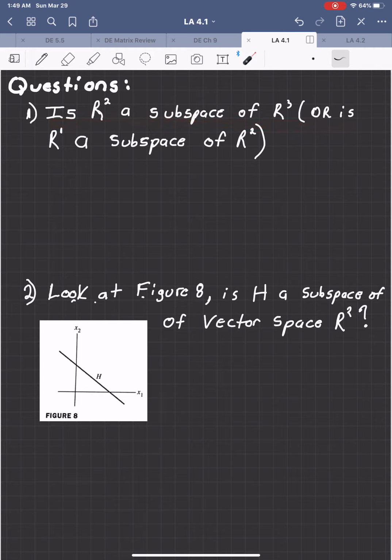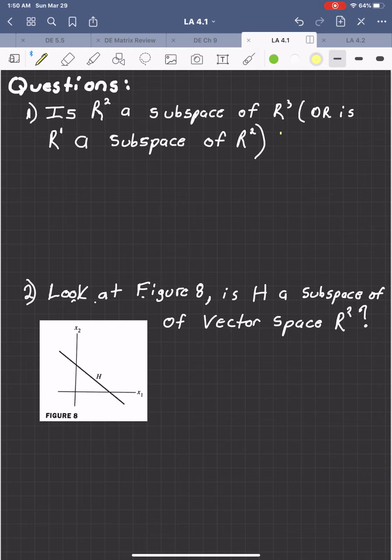I could also ask, is R1, a single line, a subspace of R2? We've already shown that R1 is a vector space. We've already shown that R2 is a vector space, and I could do the same for R3. So is R2 a subspace of R3? That is the question.